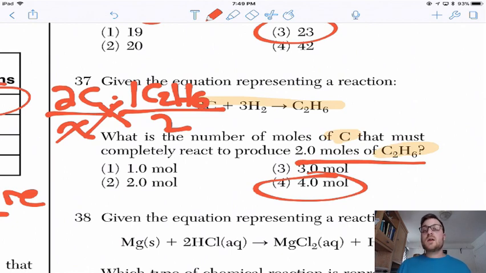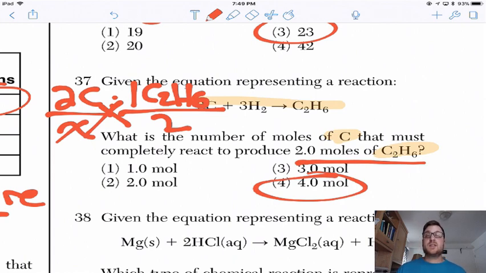So again, when you have a problem involving moles and 2 different substances, meaning the problem did not ask how many moles are in 10 grams of carbon, the problem asked how many moles of carbon are going to react if you have 2 moles of ethane, 2 different substances means set up a proportion.